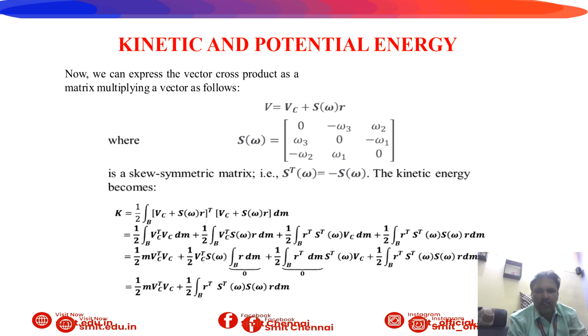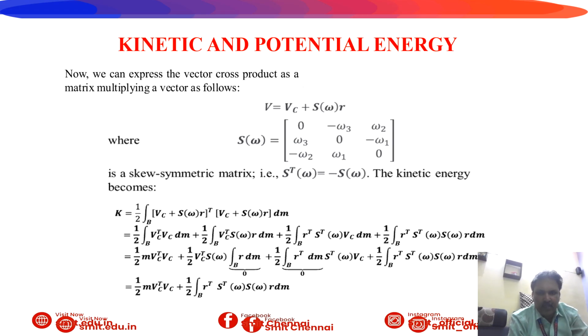S of omega is equal to [0, minus omega 3, omega 2; omega 3, 0, minus omega 1; minus omega 2, omega 1, 0]. Then skew symmetric matrix, again one of the important concepts we are introducing. Skew symmetric matrix means S transpose of omega is equal to minus S of omega.